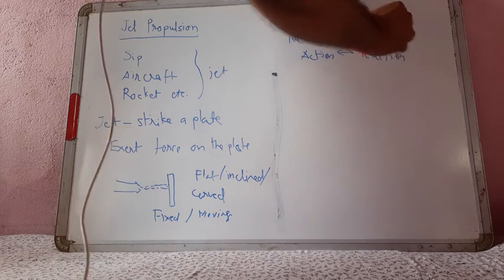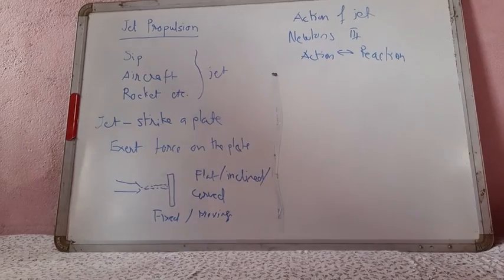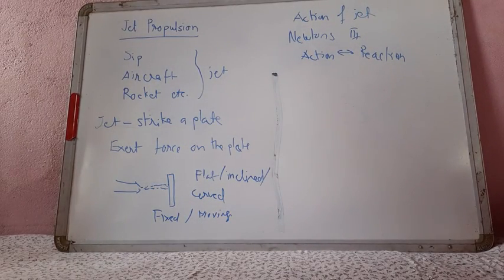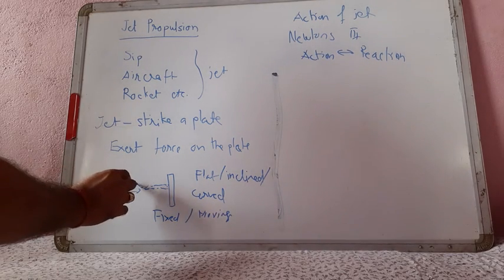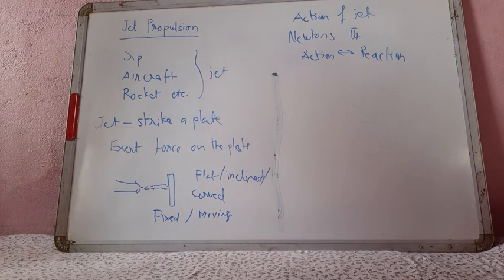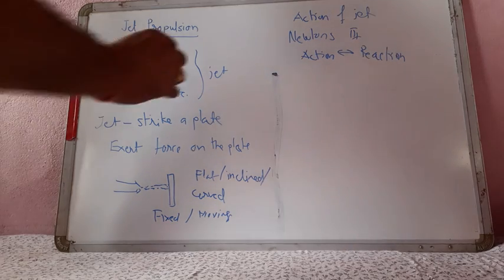Reaction is always there. So this force exerted by the jet on the plate is called action of jet, and the jet coming out from the orifice or nozzle exerts a force on the orifice or nozzle in the opposite direction.